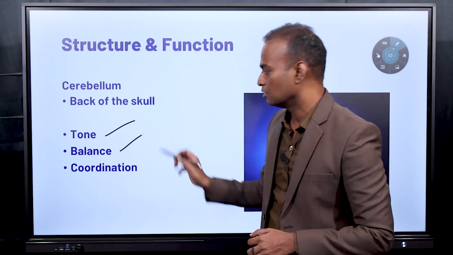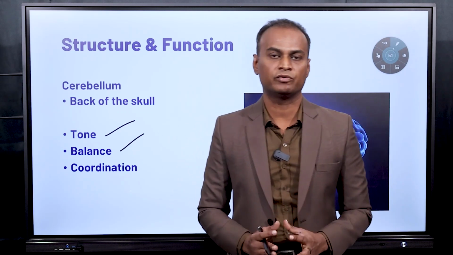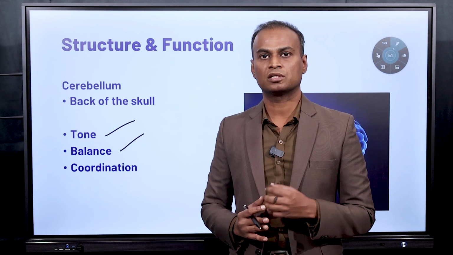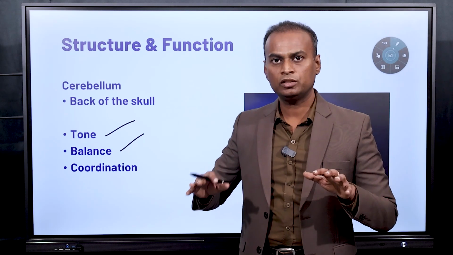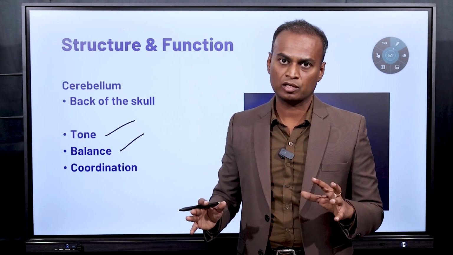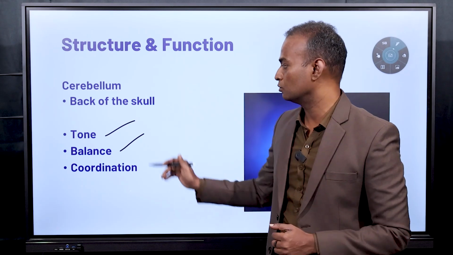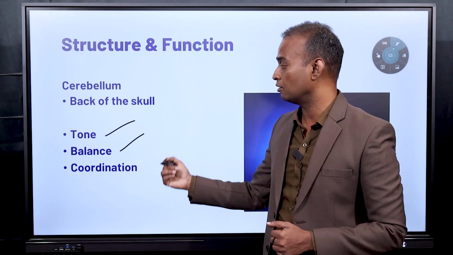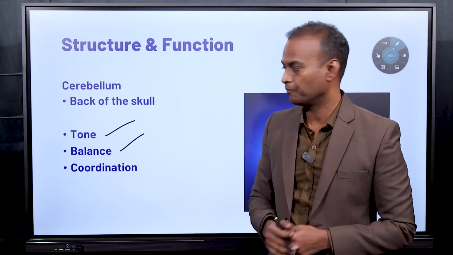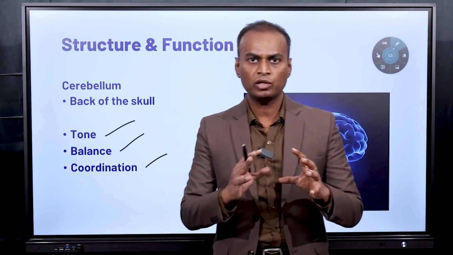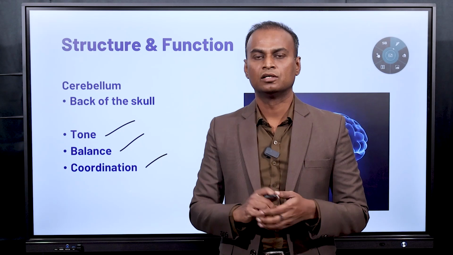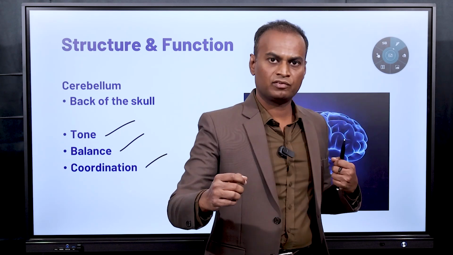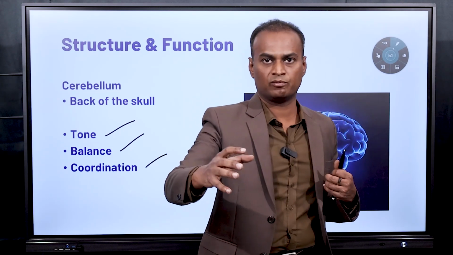And also balance. When you are walking, sitting, standing, or doing some activity, you need to have balance in your body. If you don't have balance, you fall down. That balance is maintained with the help of cerebellum. And also coordination. To do a work, different muscles have to be coordinated. If I am punching someone, my left hand should go back and right hand should come front, right?